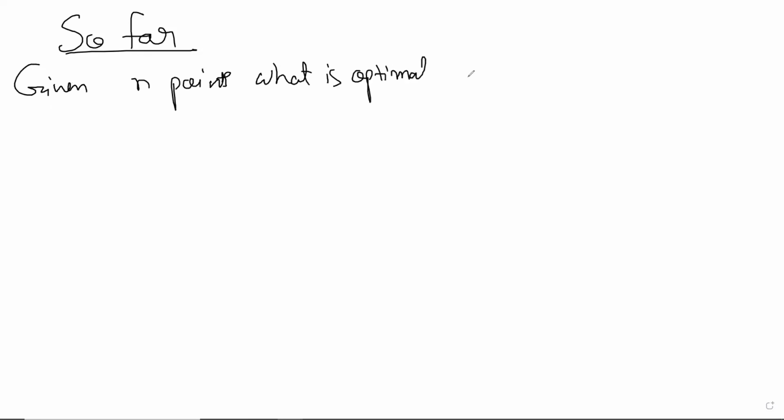The milestones we just mentioned. Okay. So far we have looked at given endpoints, and asked what is the most optimal way to connect them, right?